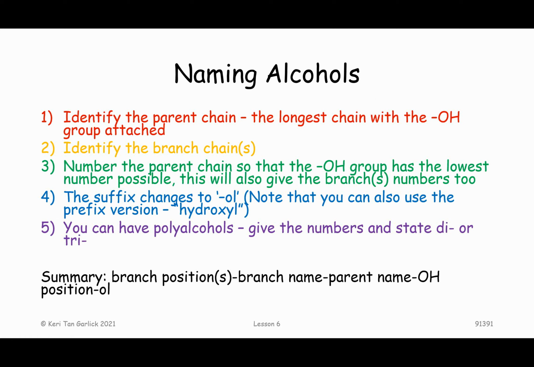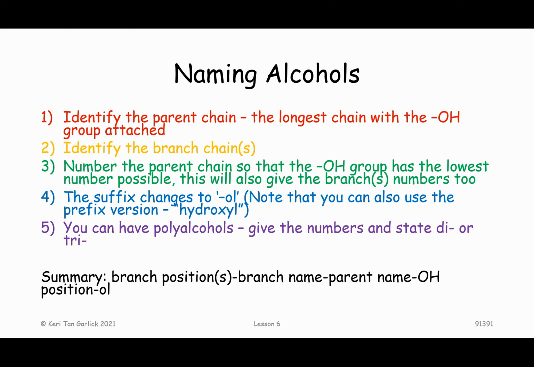If you do use the hydroxy prefix version, then the suffix you're going to use is just the alkane ending. The reason why we have a prefix version as well as a suffix version is that when we name more complicated molecules, you might have a functional group that only exists as a suffix, and so you have to then name the alcohol as a prefix. But we will see this later, so don't worry about it yet.